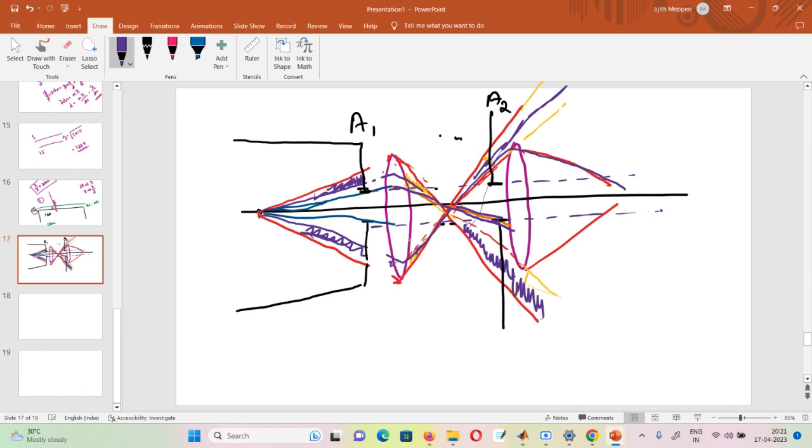So it is made some more narrow. So only this much light will pass through that whole system. Even though A1 is here, the entire light is not passing through that system. So even though the physical width of the aperture is same, the position of that aperture also matters.